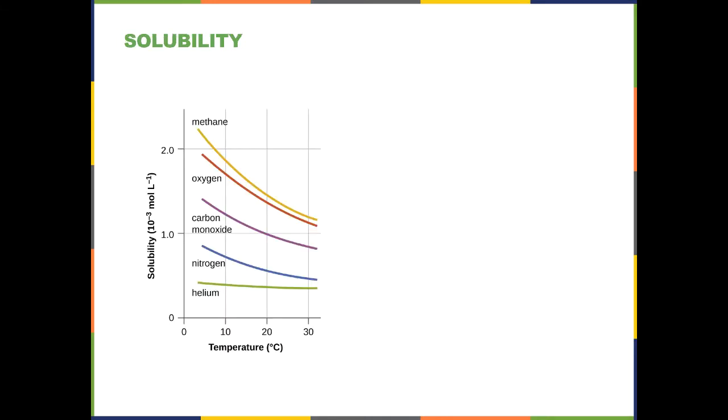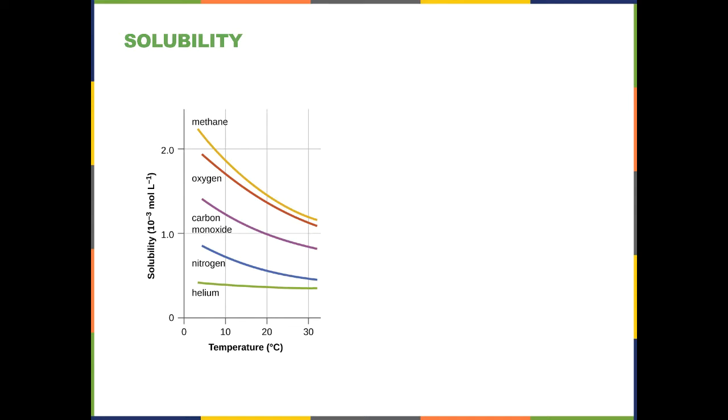Now here's the diagram to show the relationship between solubility, in this case on the y-axis measured in moles per liter, and temperature. And what you can see here is that as the temperature goes up, in this case we have all gases, the solubility of a gas goes down.